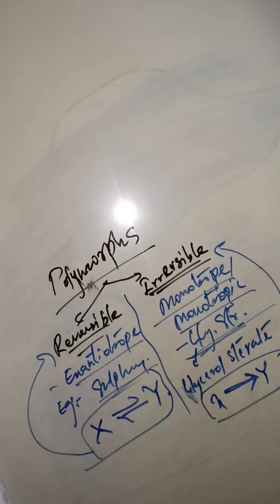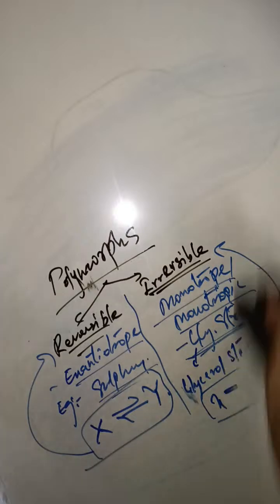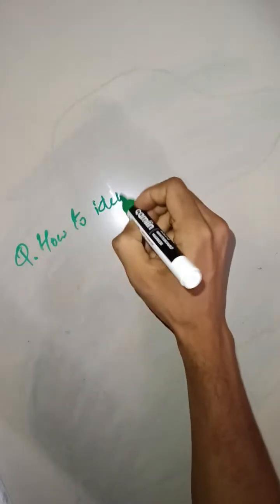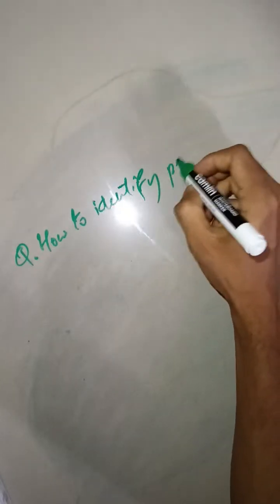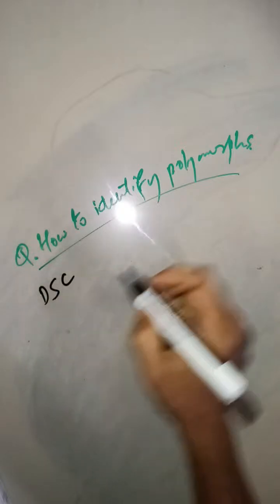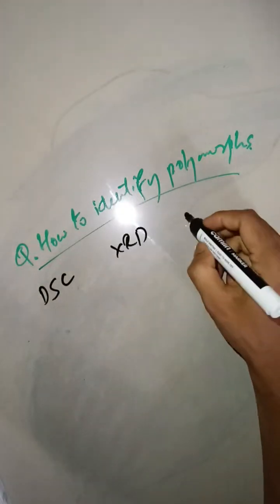Next, we are going to understand how to identify polymorphs. It is also important. Polymorphs can be identified by three tests: DSC, XRD, HSM.